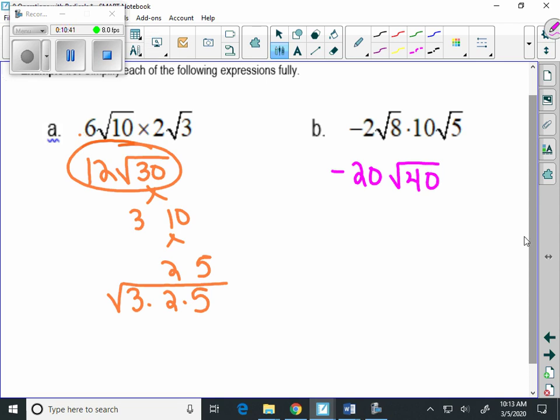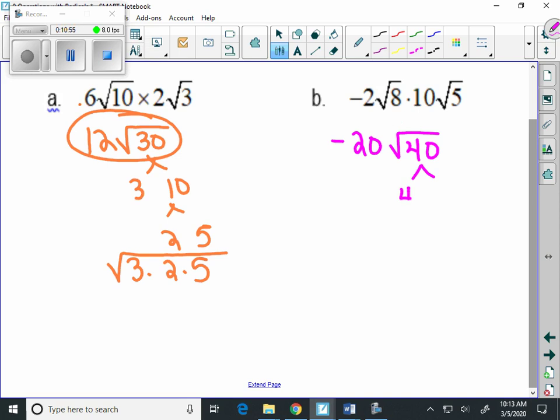Once we multiply the square roots, we need to check. Can we break down, in this case, the 40? And this one's going to work. We can break it down a little bit more. 40 is 4 times 10. You could have done 8 times 5. You could have done 2 times 20.